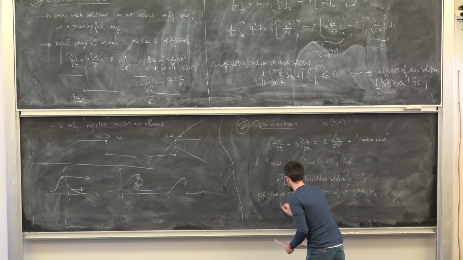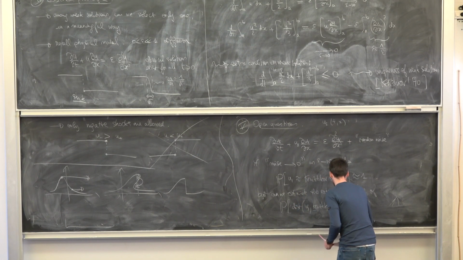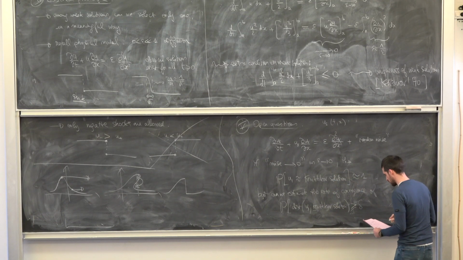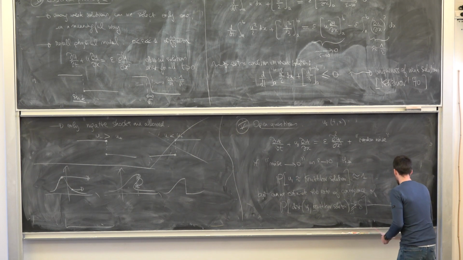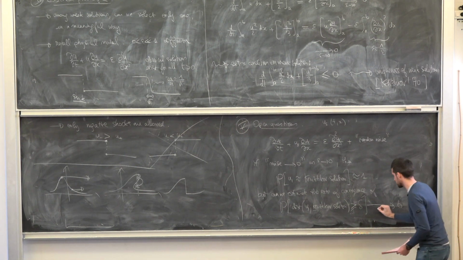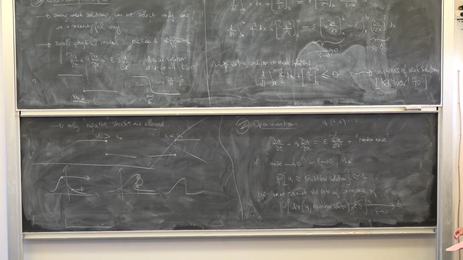So the probability that the distance between u epsilon and my Kruskov solution is larger than, say, a delta strictly positive. If you believe what I said, this should go to 0 as epsilon goes to 0, but we really would like to have some estimates on this.